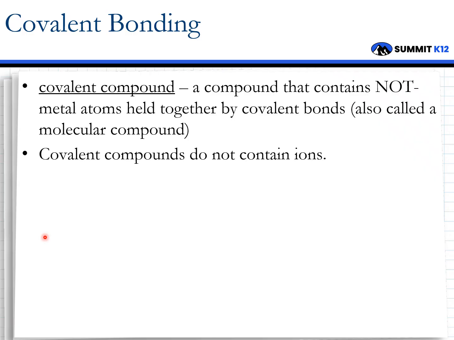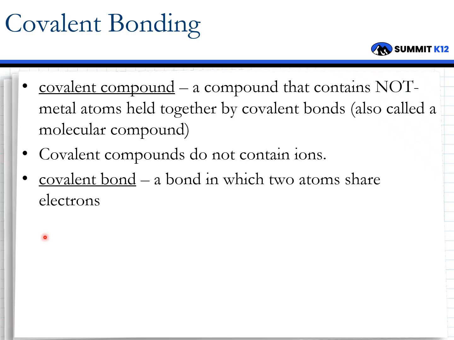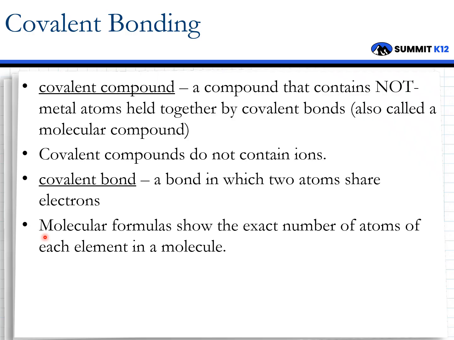Instead, the atoms are held together by covalent bonds, which are two atoms that share electrons. Molecular formulas show the exact number of atoms of each element in a molecule. Therefore, the atoms in a molecular formula do not always display the lowest whole number ratio like in ionic compounds.